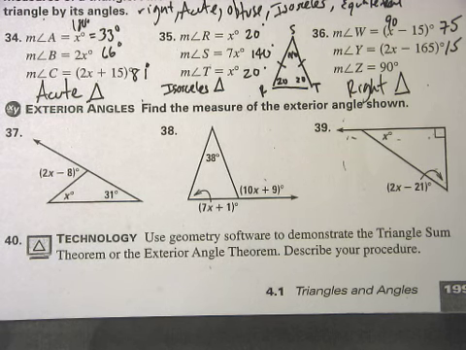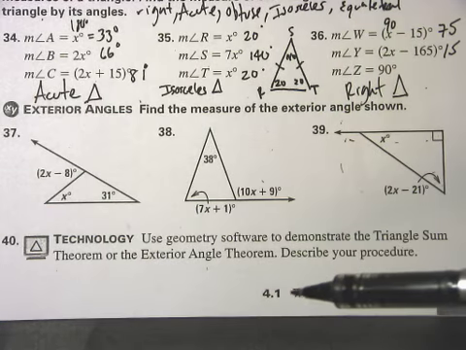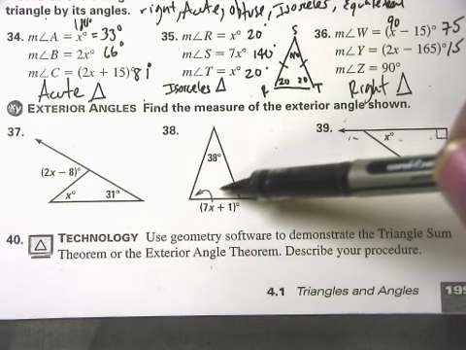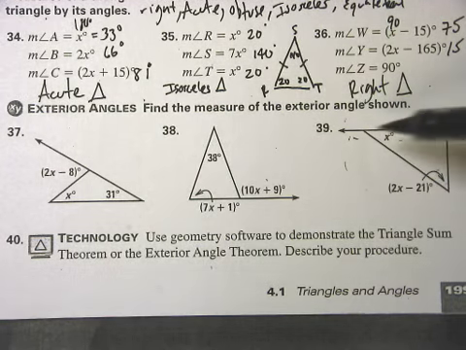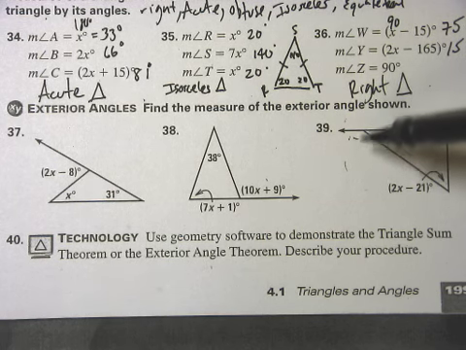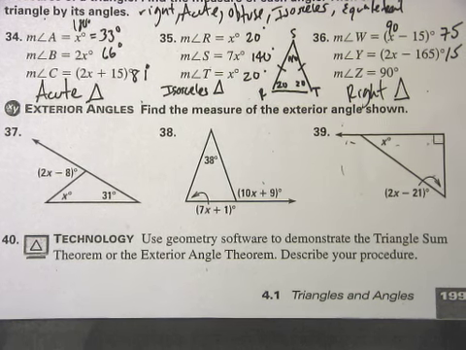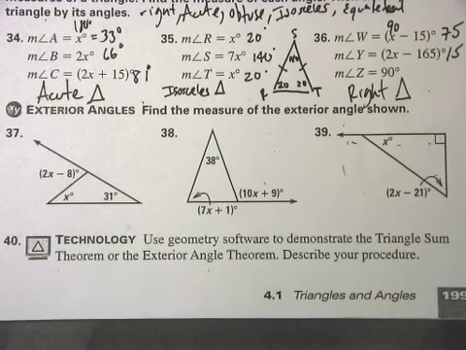If you look at questions 37, 38, and 39, they're asking us to find the measure of the exterior angle. Here I have an exterior angle here, there, and, let's take a look here, out here.